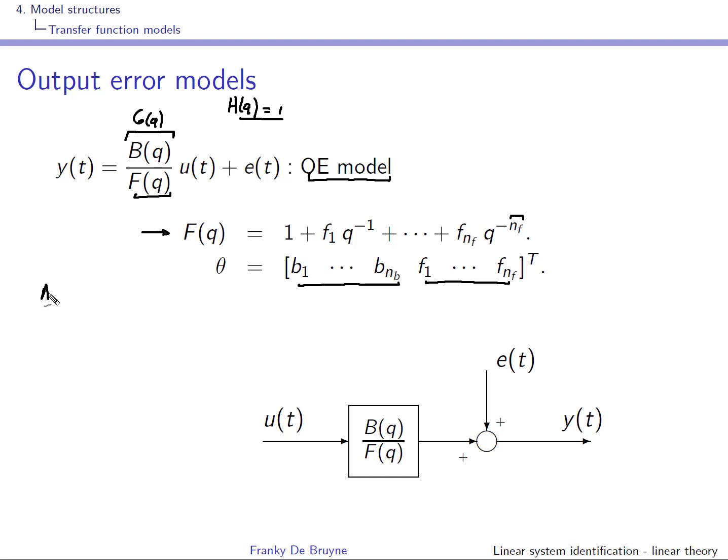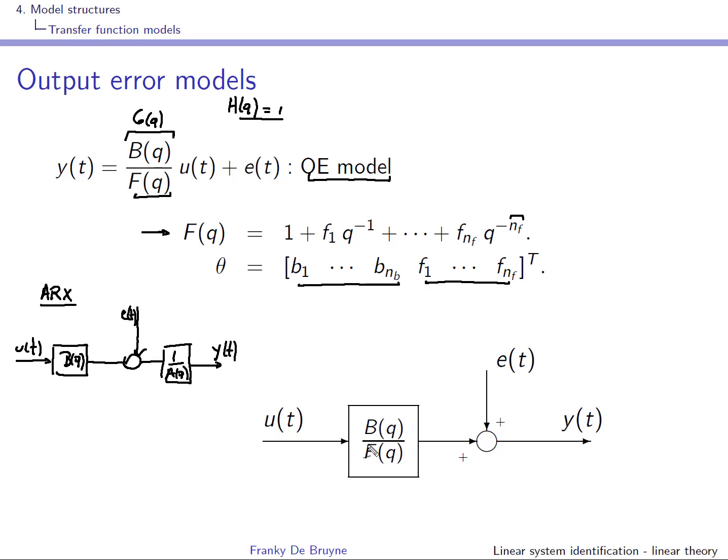For the ARX model structure we had something a bit different. I'll put it like this, B(q), right? Then we have e(t) that is added, and at the output we have 1 over A(q), and this is producing y(t). This is the input.